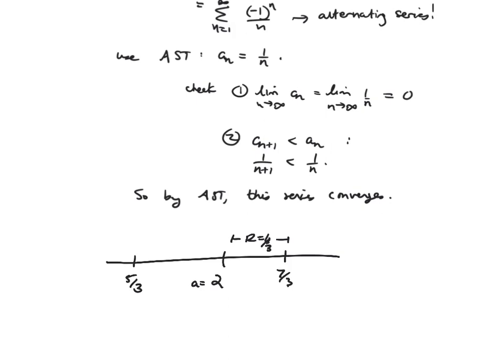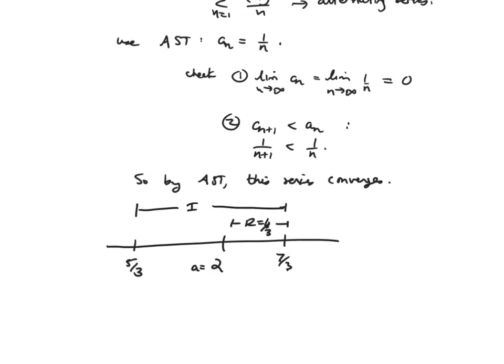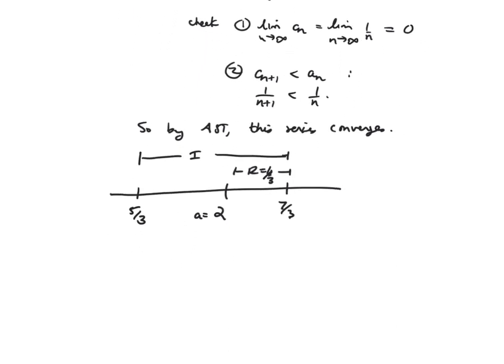This whole thing here is the interval of convergence. Maybe I'll just mark it like this. The interval of convergence, like here. And then we checked specifically right here and right here.